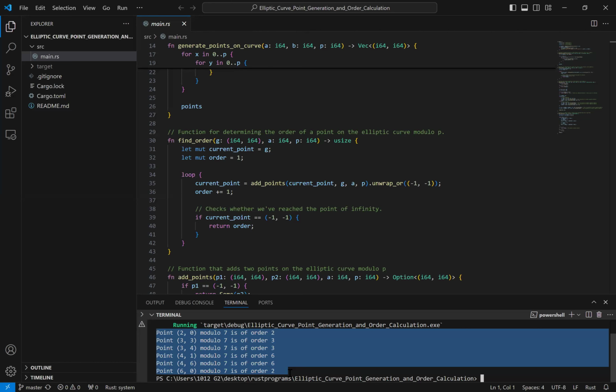That is different, but for me, I didn't want that. What I wanted is, first of all, it gives me all the points, then it gives me the orders of each. But you can write yours such that you give it the elliptic curve and a point, then it gives you the order. You can also do that.